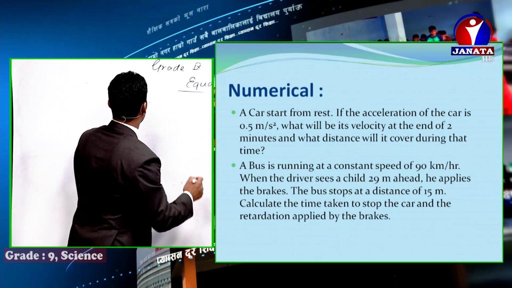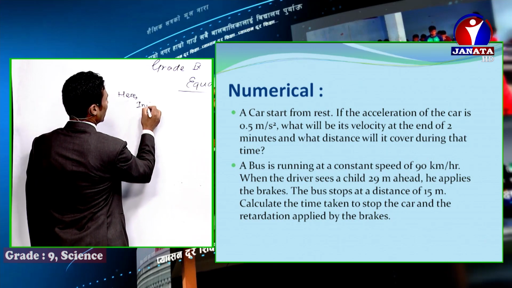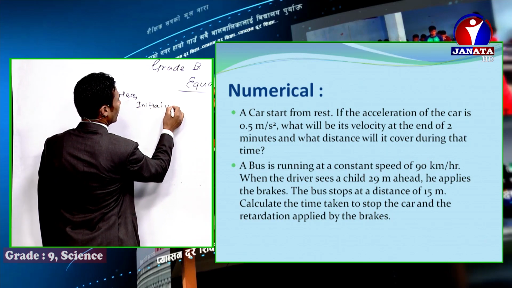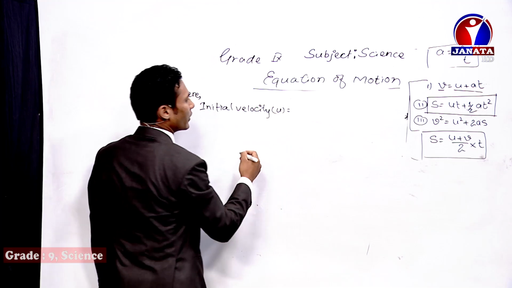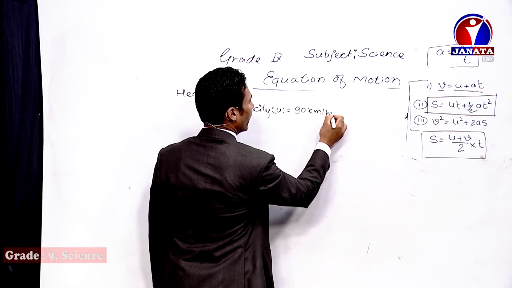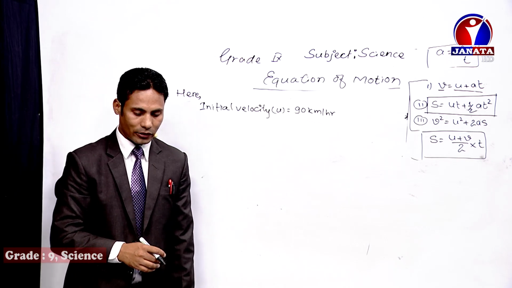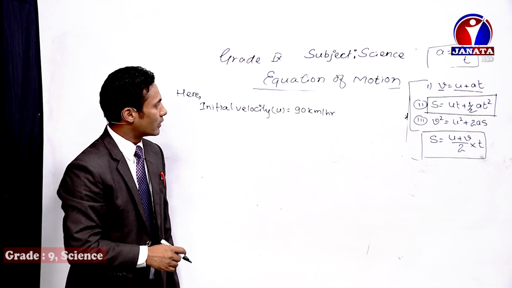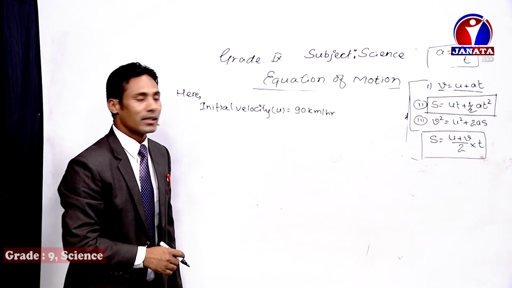So firstly, let's list out the given. So here is given initial velocity, the symbol is u. There is given 90 kilometer per hour. So this 90 kilometer per hour is not in the SI system of unit. We need to convert that into the SI system of unit.